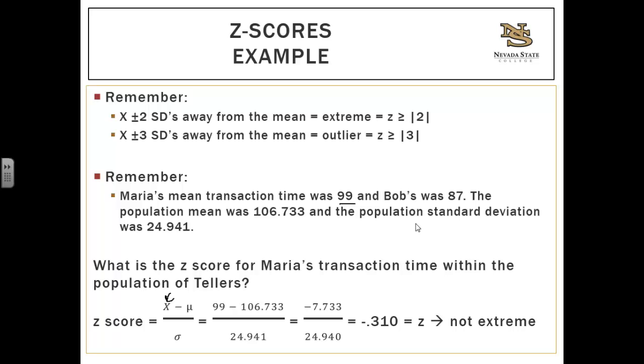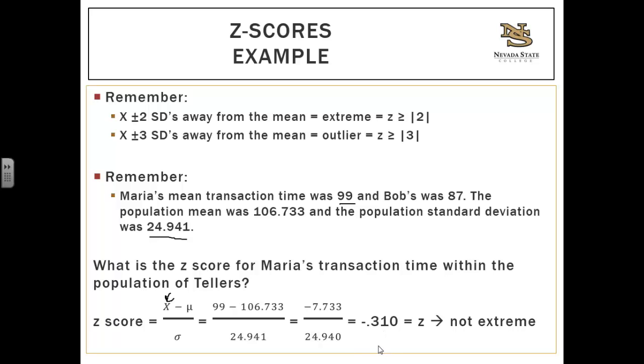So to figure out her z-score, we find the difference between her score, her mean score, and the population mean. So 99 minus 106.733. And then I divide that by the standard deviation for the population, which is 24.941. Now it's important that you put the values in the numerator in the right order, that you put your score before your mean, because if your score is lower than your mean, then you're going to end up with a negative value in the numerator and an overall negative value for z.